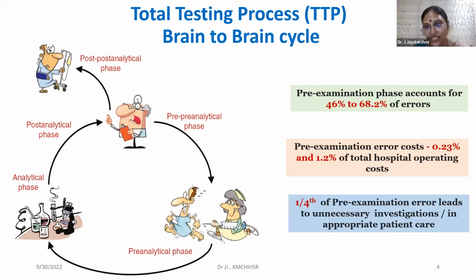Now, a quarter of these pre-examination errors leads to unnecessary investigation or inappropriate patient care. So you are going to add more tests because the clinician thought of something and he sent a sample, and because of some error, it was not so. So he asked for an additional test, which was not required.